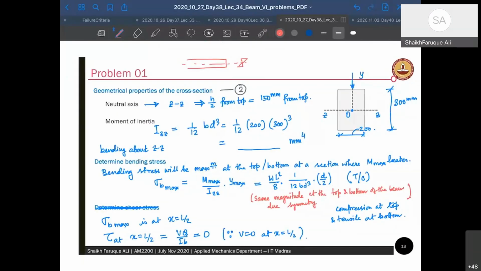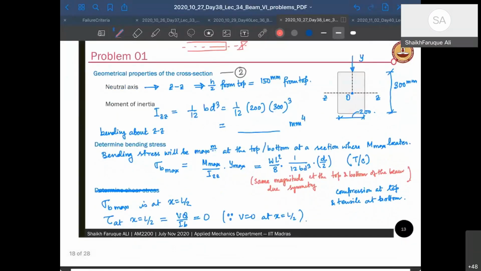So it's always maximum at the top layer. Bending stress is maximum at the top or the bottom layer of the beam, of a section where bending moment is maximum. So sigma b max is going to be M max by IZZ into y max.